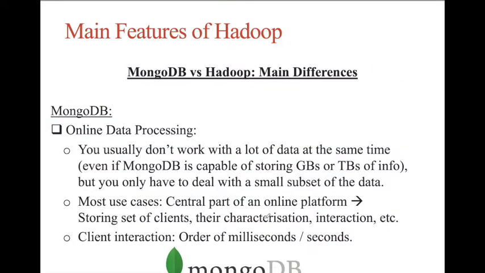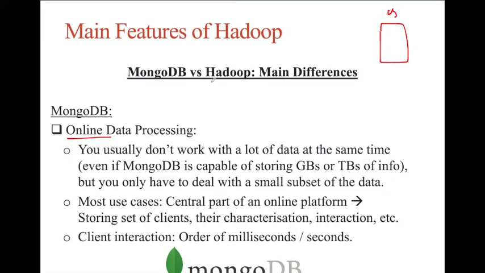Now, in the context of Mongo, this is more online processing. We are going to be storing an important amount of data, but it's not going to be as big as the amount of data that we are going to be storing with Hadoop. And remember one of the key differences: in Hadoop, we're going to be storing files. Imagine one CSV file, or one Excel document.